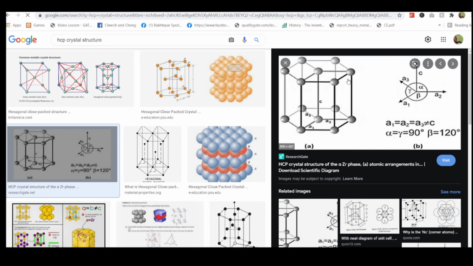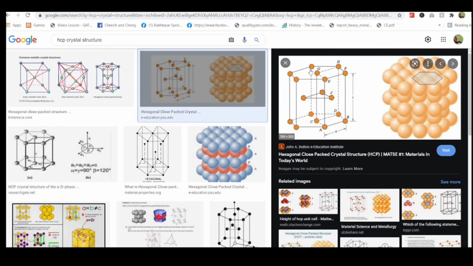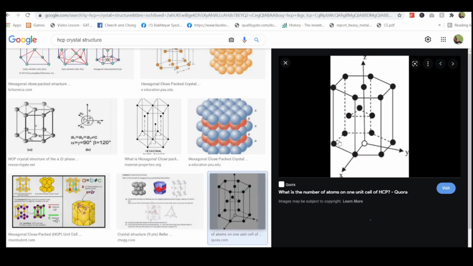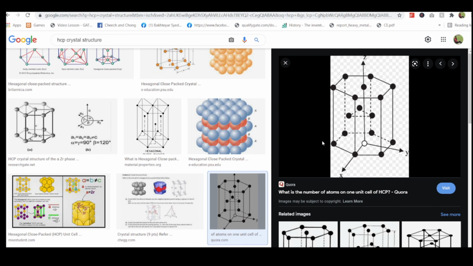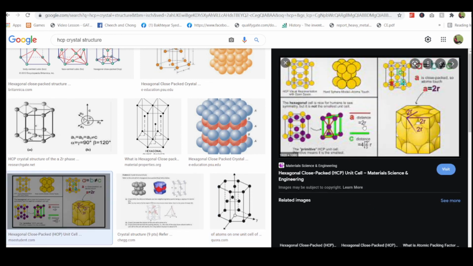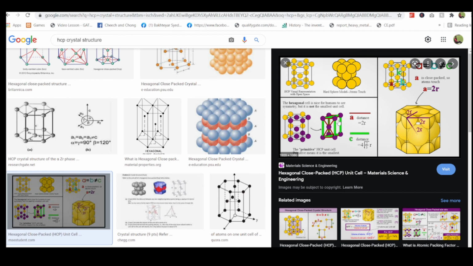On the corners atoms are present, and on the base 2 atoms are present, and at the center this kind of triangular arrangement is present. So these are some structures of HCP.